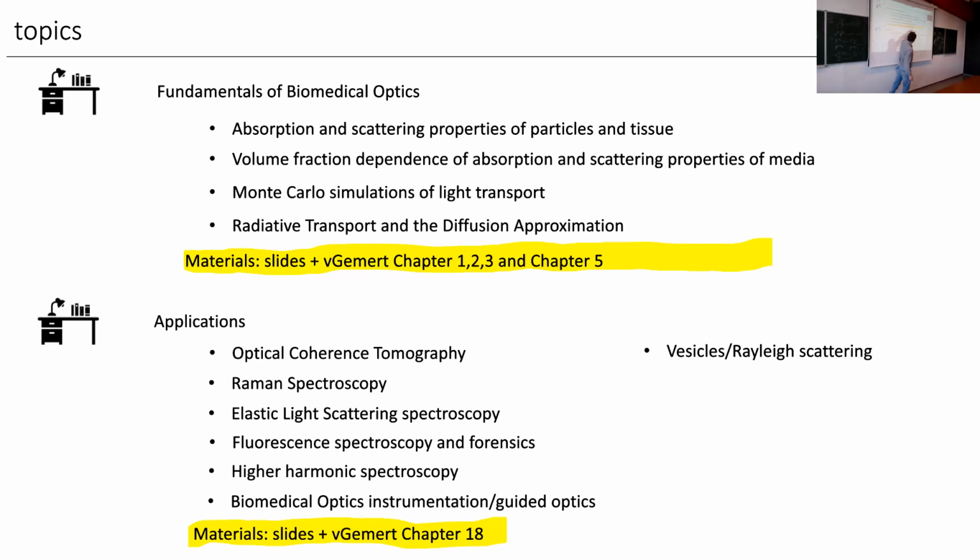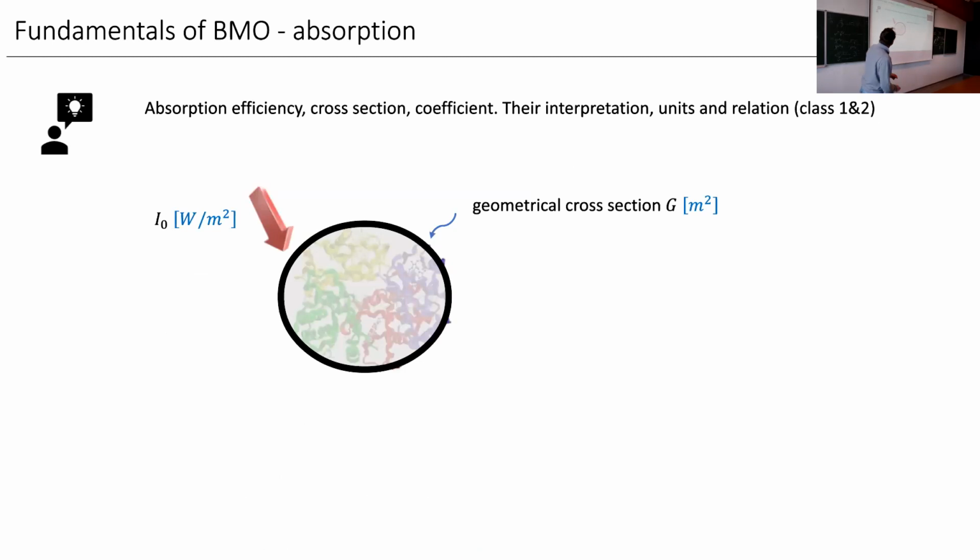Chapter 5 of that book is solely about Monte Carlo simulations. So a lot of the things that we talked about are there in book format. Then for the application topics, I'll point to the slides as well, of course, and also to chapter 18, which is on OCT.